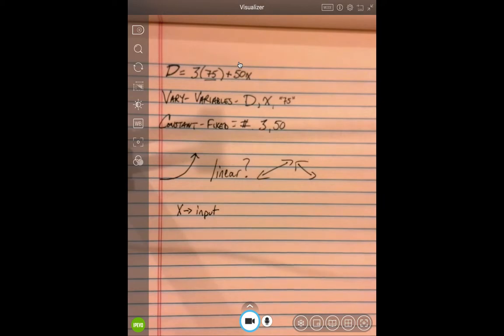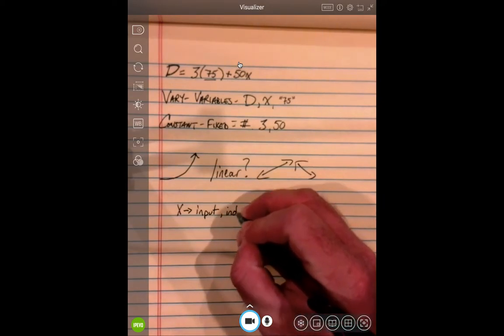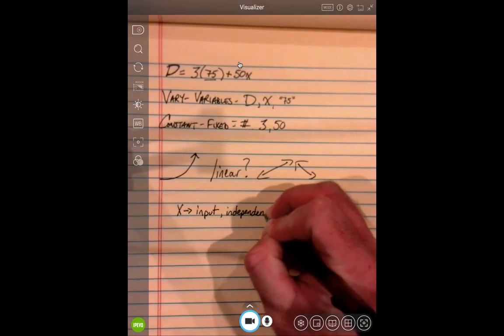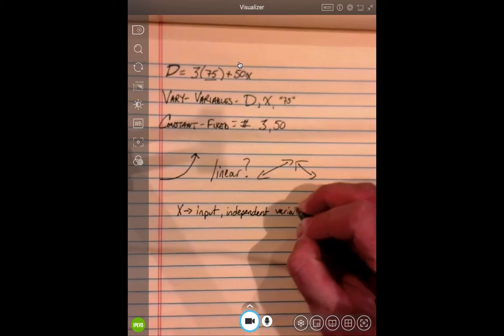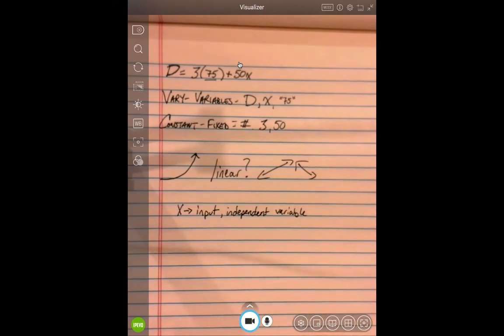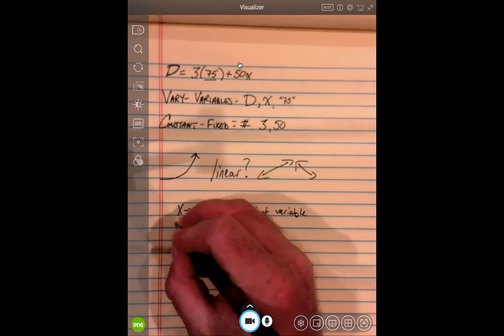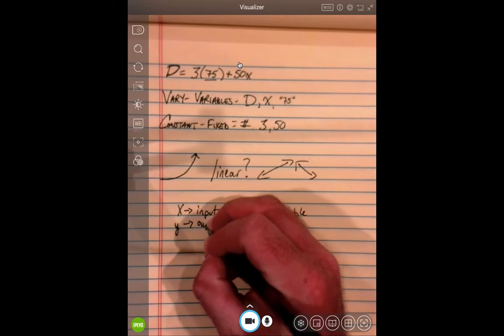X is also our independent variable, okay? Our independent variable. And then we look at y. So if that is our input, what do you think y is going to be? That's right. It's going to be our output.